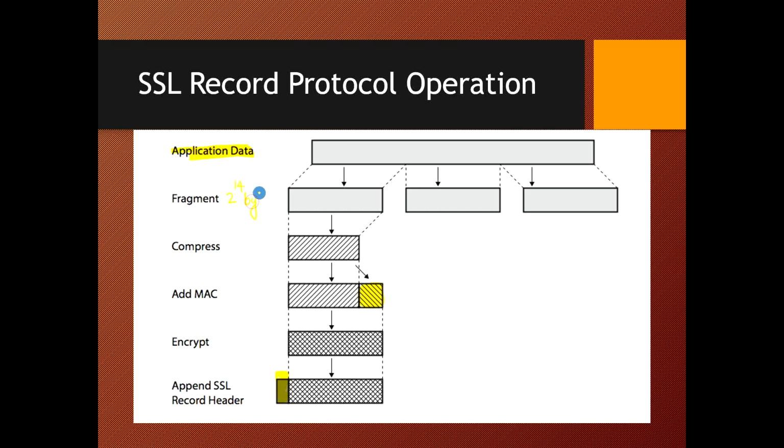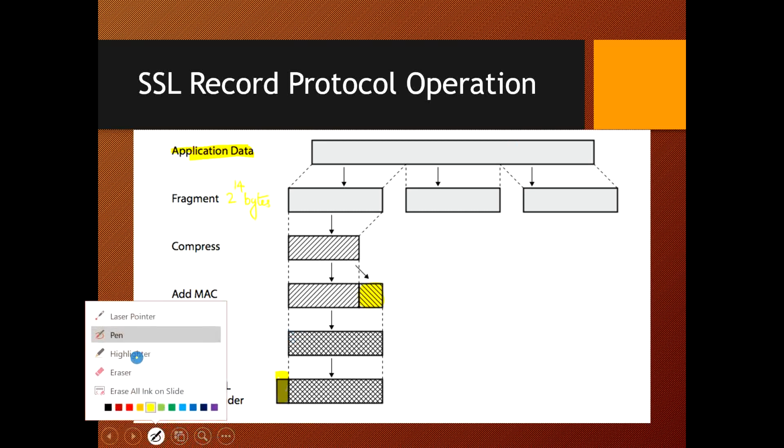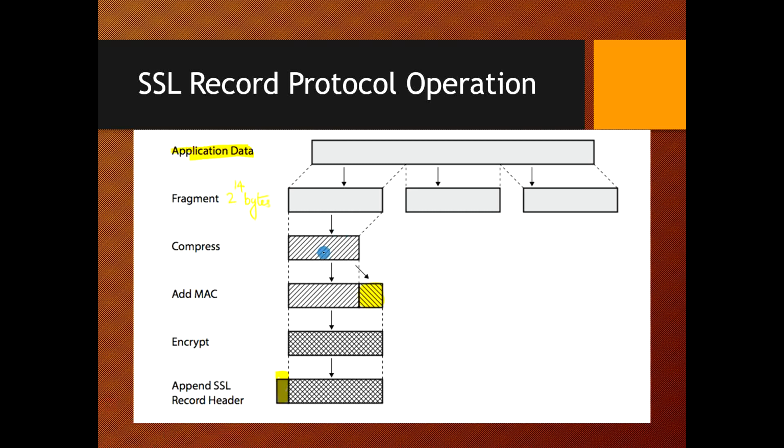Each fragment is of 2 to the power 14 bytes, or it can be even lesser. Next, we perform compression, and this compression is usually optional. If you want, you can compress, otherwise not required.